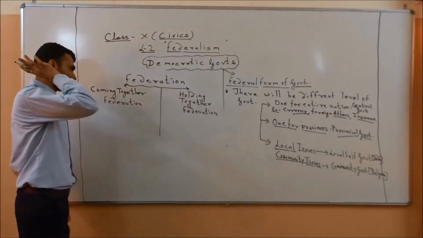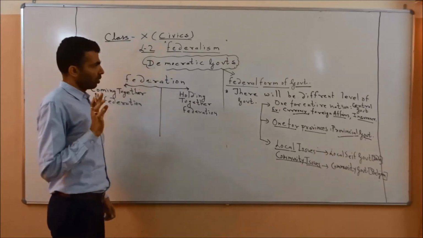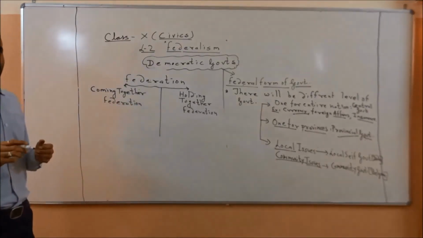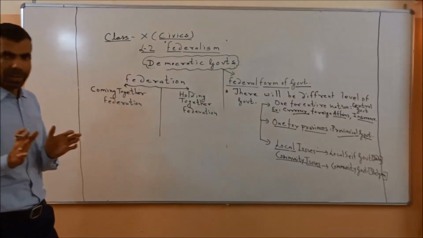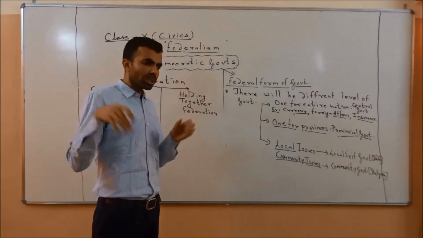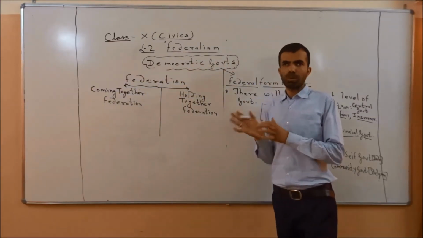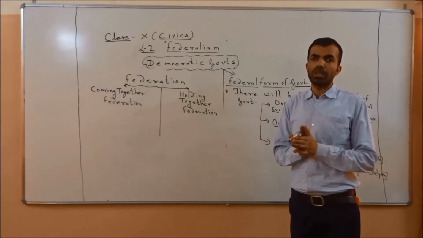Coming together federation is a type of federation in which different smaller states decide themselves to convert into a strong union of states, or convert themselves into a big nation.